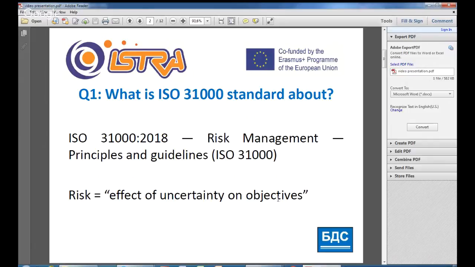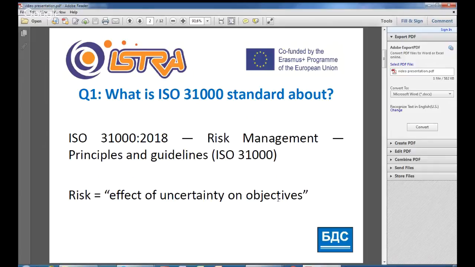The ISO 31000 framework and its processes should be integrated with management systems to ensure consistency and the effectiveness of management control across all areas of the organization.